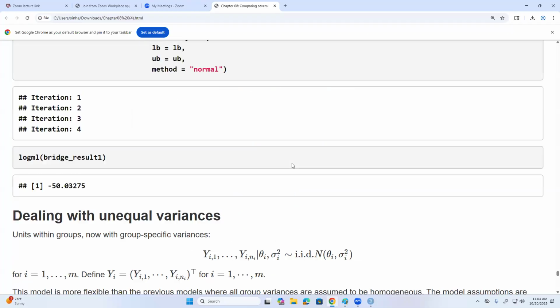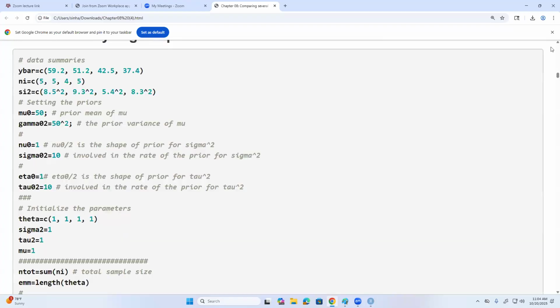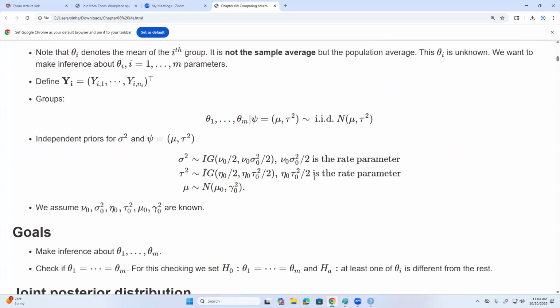Previously, in the equal variance case, we assumed that sigma square follows an inverse gamma distribution, and nu 0 and sigma 0 square were all known.